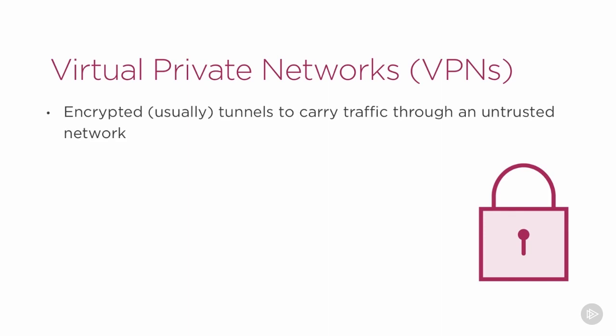Now, a virtual private network is therefore a tunnel that we carve through the internet to carry our traffic. The internet being an untrusted network, we create a tunnel that our traffic will take. Now, there are different types of tunnels, and usually when we use the term VPN, we mean an encrypted tunnel. It's not always the case.